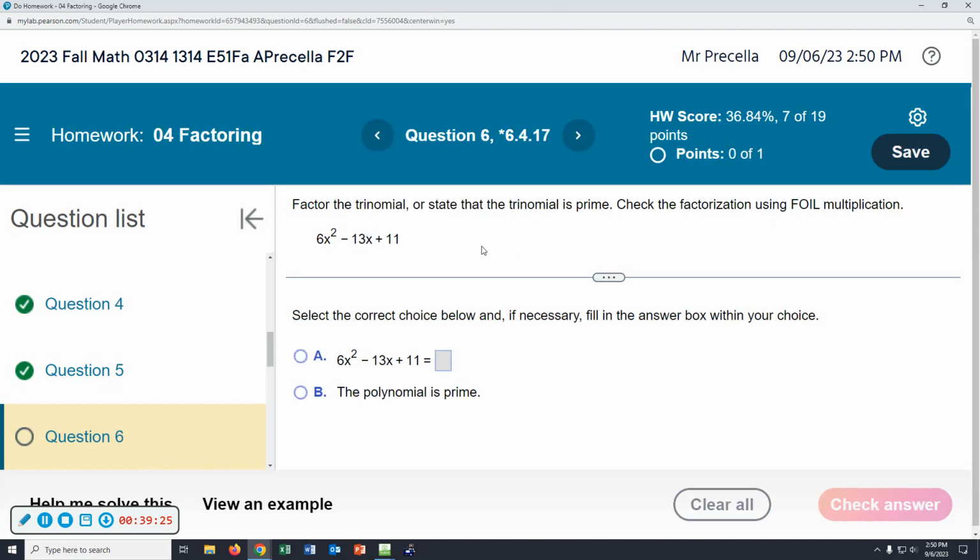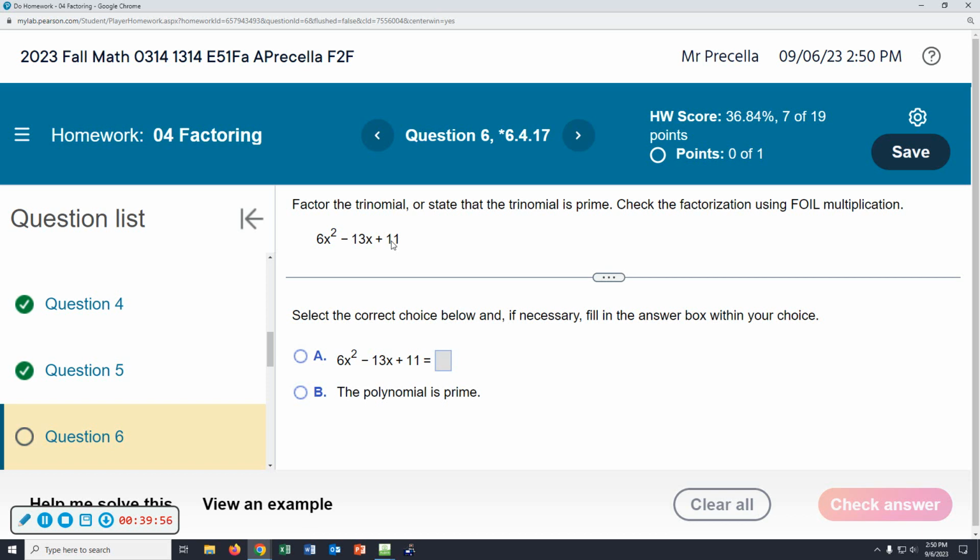Let's look at number 6. 6x squared minus 13x plus 11. I like the signs. Oh, well, we're going to have to rearrange the terms like we did on number 5. No, they're already in the desired order. We have the square variable, the unsquared variable, and the constant.